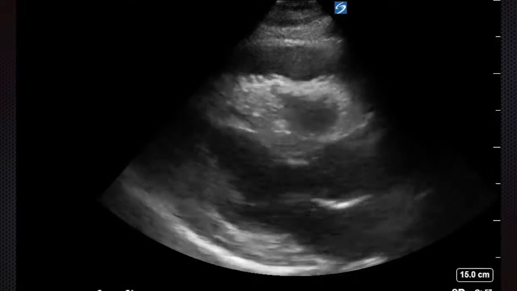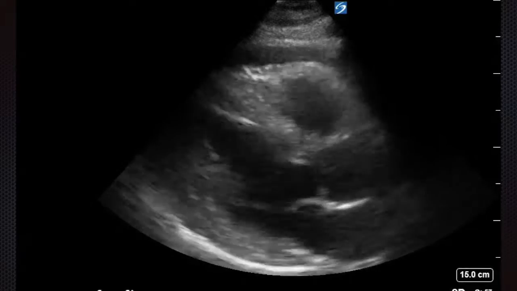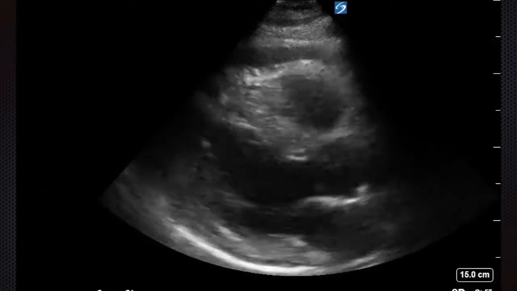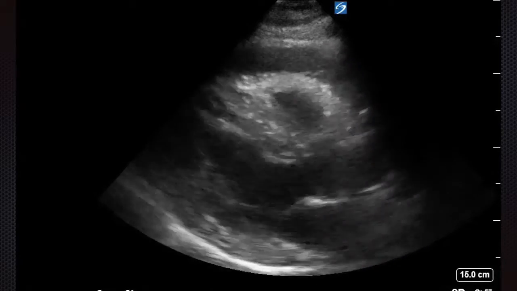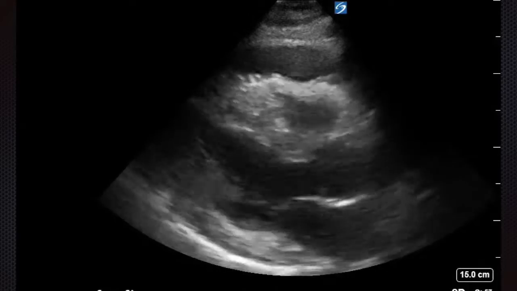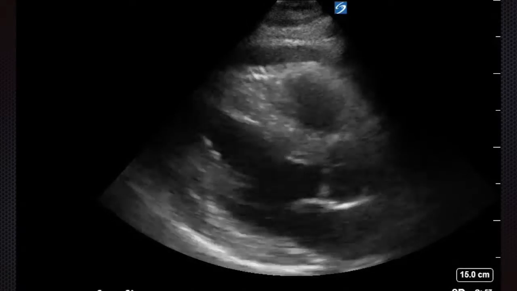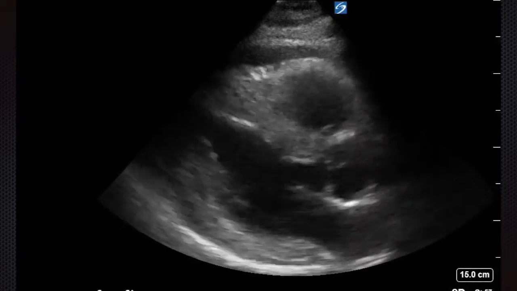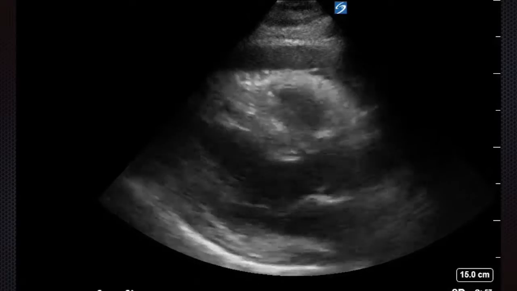As you can see, there's a little bit of compression during diastole of the right ventricle, and just above the right ventricular outflow tract you can see there's a black stripe, and this is a pericardial effusion, and there's possibly a small amount of fluid seen between the posterior wall and the pericardium at the bottom. Just make something out.